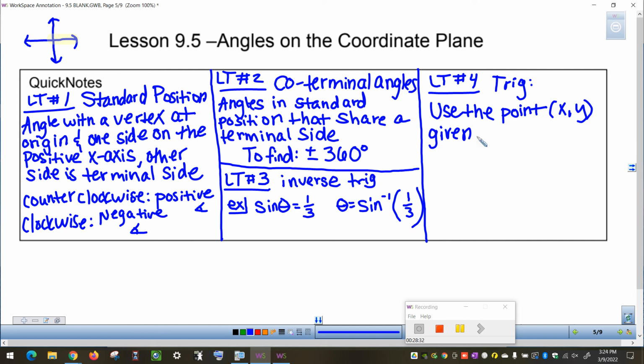It's going to be given to us in the form of an ordered pair, like x comma y. And with that, we're going to make a right triangle, and then solve for the angle. And that's where we did that inverse trig function button to help us solve for the missing angle.